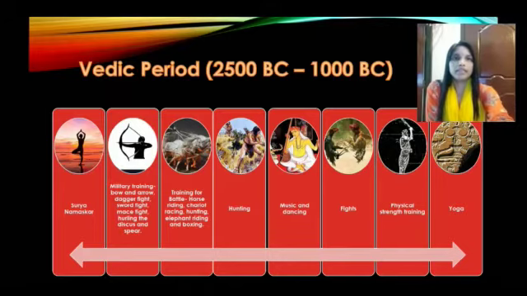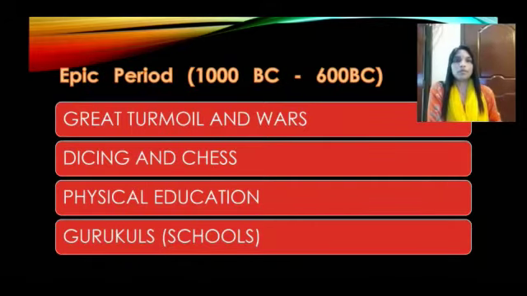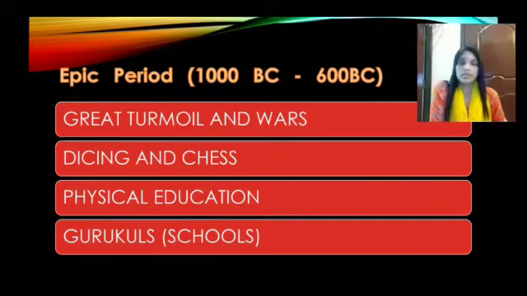In the next slide, we will learn about the epic period, that was from 1000 BC to 600 BC. The exploits of the Indians of this period can be gathered from the Ramayana and Mahabharata, which were composed during this period.